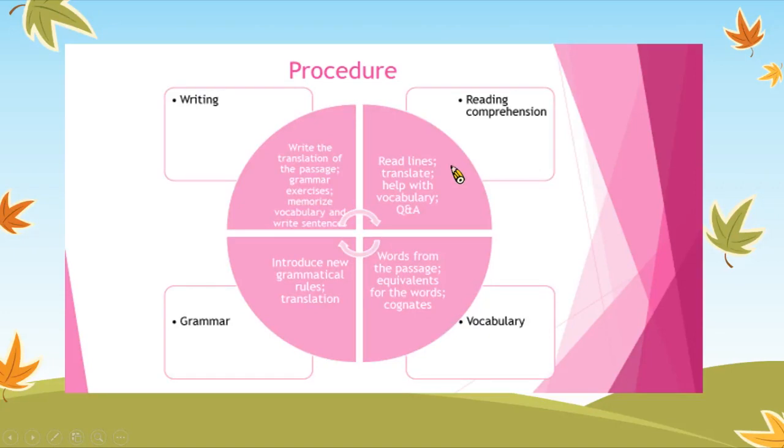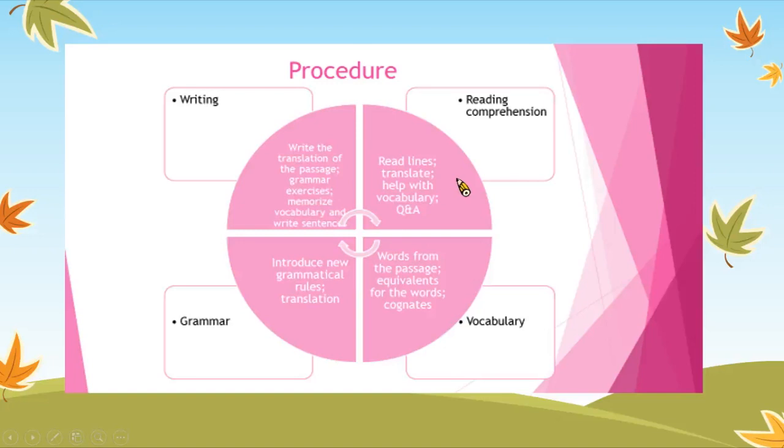Then the words selected from the passage and equivalents of the new words are listed on the bilingual word list. Students will be asked to memorize these new words in both the target language and the meaning in their native language. Later on, the teacher will introduce new grammatical rules in a deductive way.